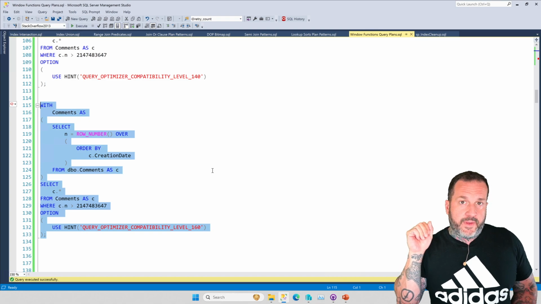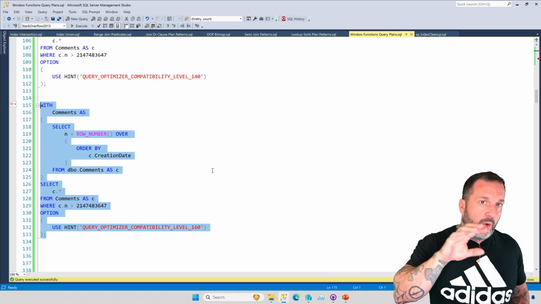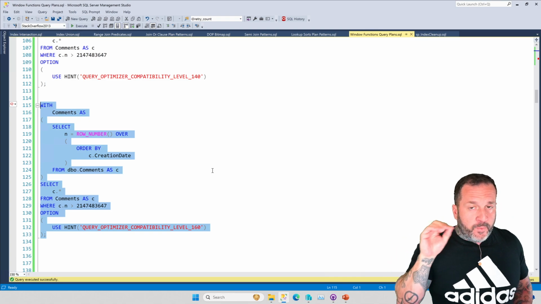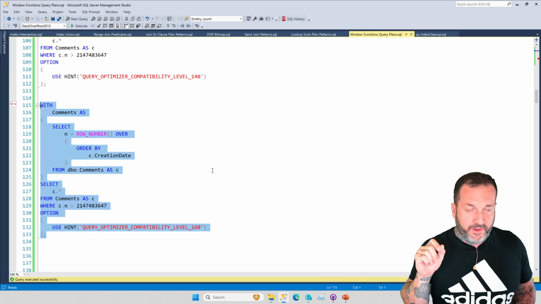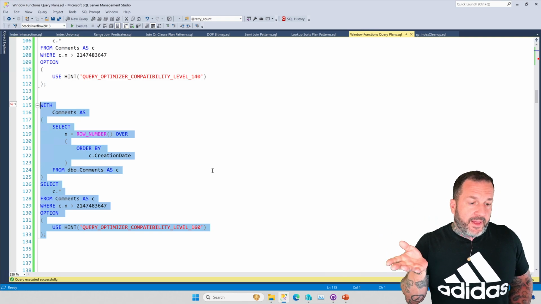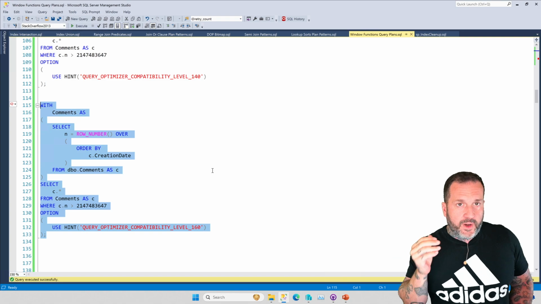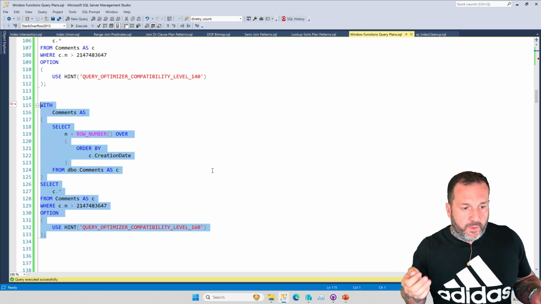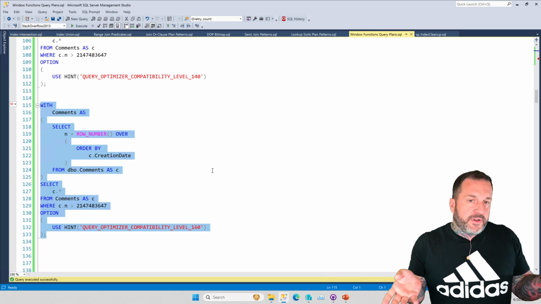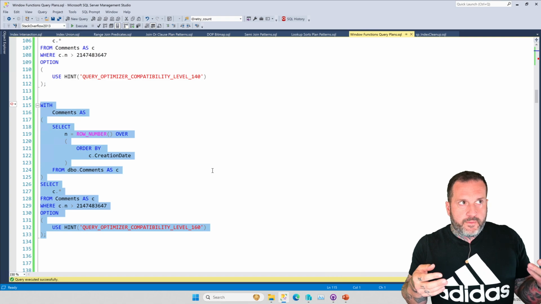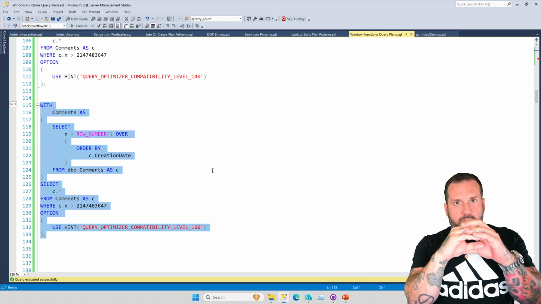And we also saw that SQL Server has to do some weirder work when you have a greater than predicate in your windowing function filter. Think of it like this. If you just have where row number equals 1, or where row number equals 0 or something, it's real easy for SQL Server to figure out where that row number would be, right?